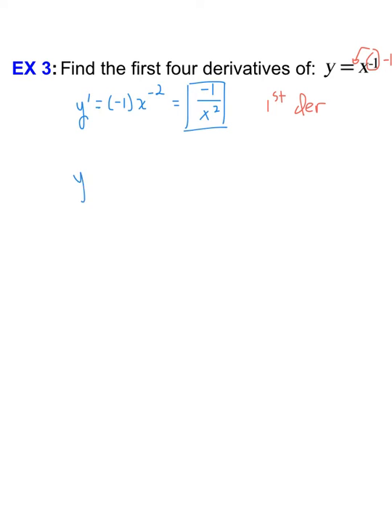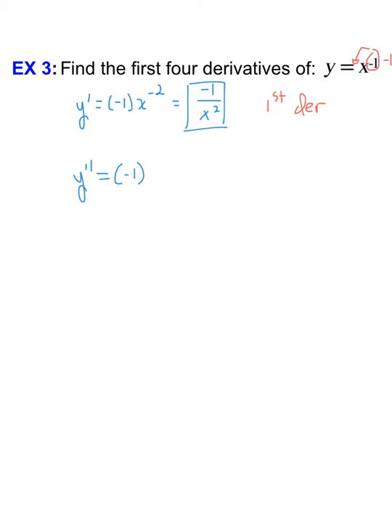So then y double prime, I'm going to continue on using this one right here because it's easier to find the second derivative if I'm looking at this one versus this one. Because remember, we never want to find a derivative when it's in fraction form. So I want to start here. So I'm going to take that -1, that doesn't change, but this -2 gets looped in front and we subtract 1 from there.